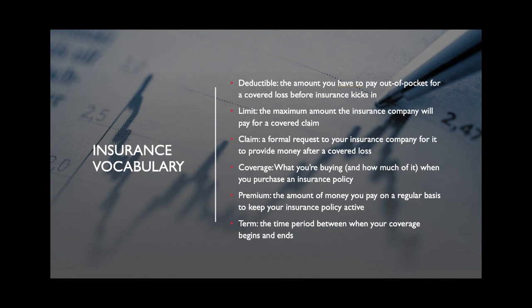And then finally, the term is the time period between when your coverage begins and when it ends. So that's a basic lexicon of standard vocabulary for you to understand and get a handle on for the videos we'll have in the rest of this module as we begin to look at specific types of insurance that perhaps we all should consider.